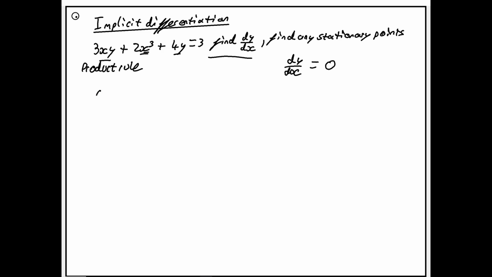So we have 6x squared plus 4 times dy by dx, and then we've got plus, we'll use the product rule: u equals 3x, u dash equals 3, v equals y, v dash equals dy by dx.